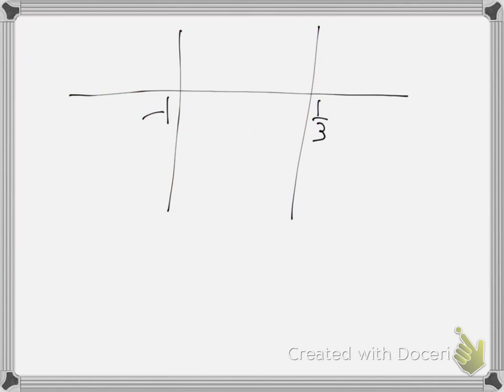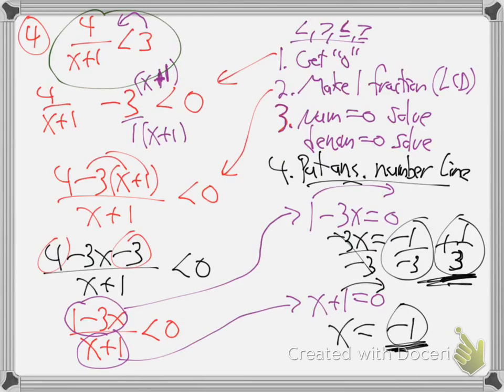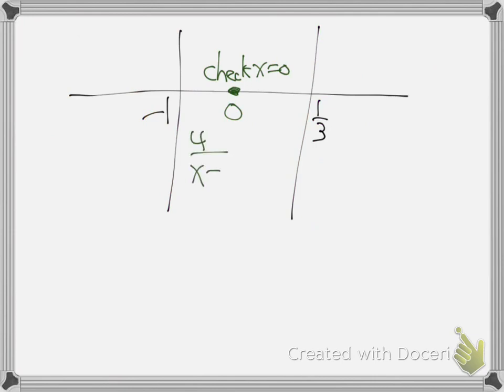So I'm going to check a point. Check one point. How about 0, which is right here? Check x equals 0. What am I checking? 4 over x plus 1 less than 3. So grab that 0, put it in right there.